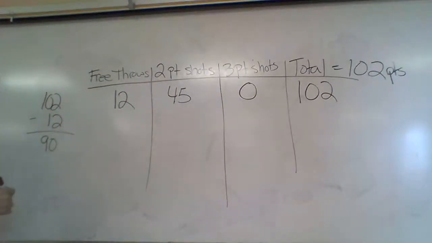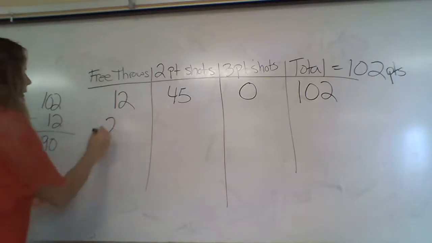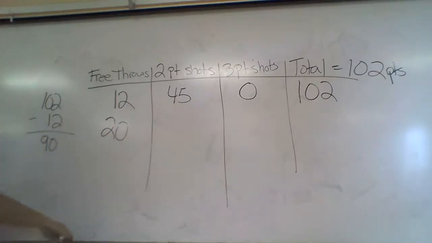You could also make, let's make 20 free throws. So there I made 20 points. So 102 minus 20 is 82. So now I have 82 points left.